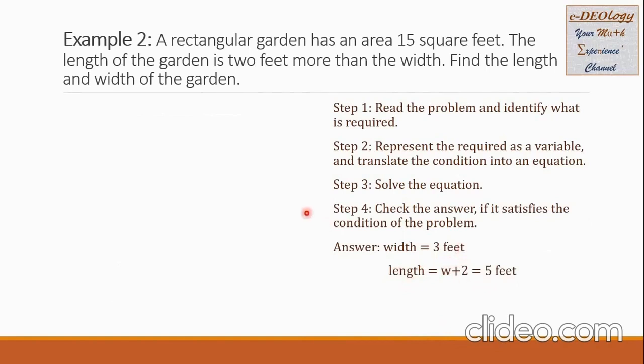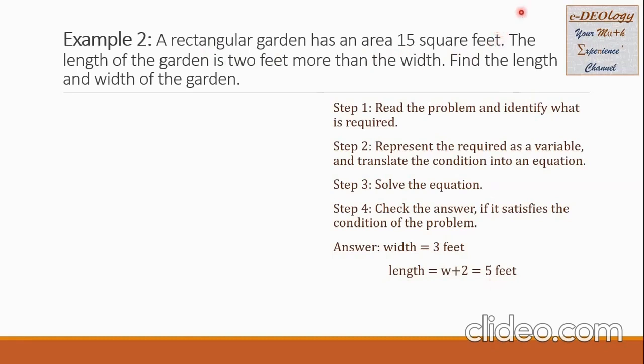Now for step 4, we will check the answer if it satisfies the condition of the problem. It says here the garden has an area of 15 square feet. Our formula for the area is length times width. If I multiply the width, the number 3, times the length, which is 5, it is equal to 15 square feet.